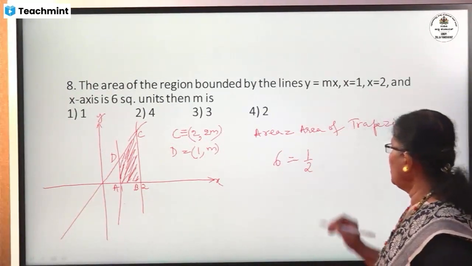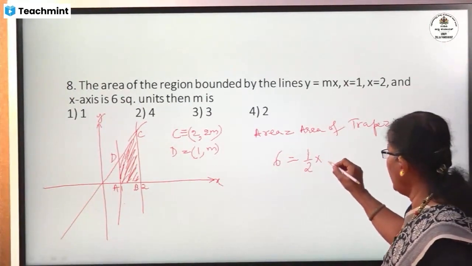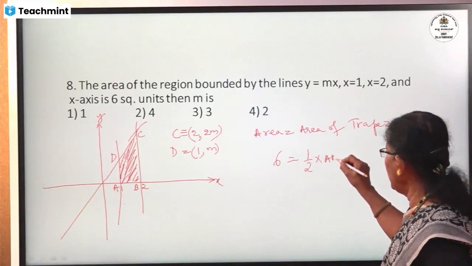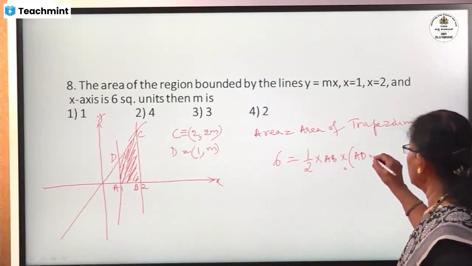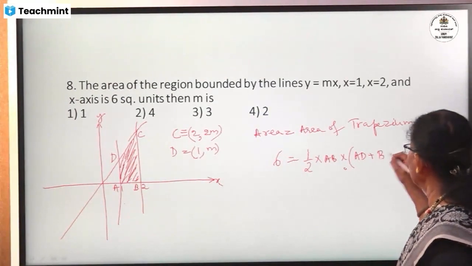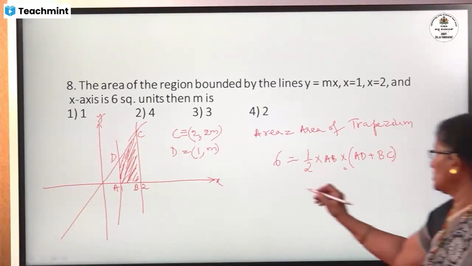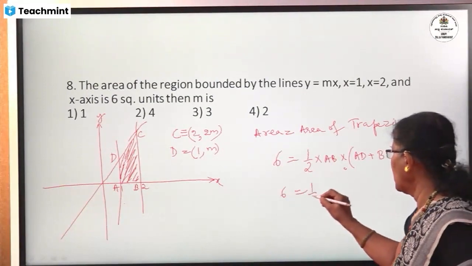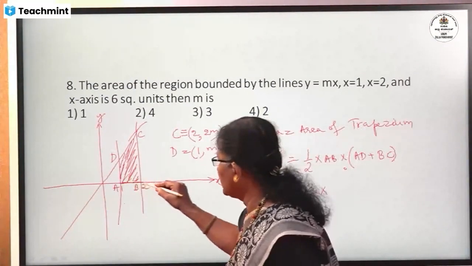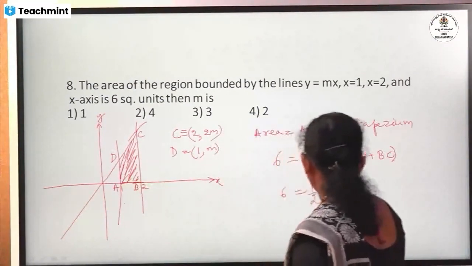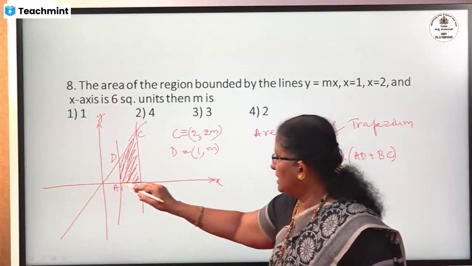And how much is the area given to be? 6. How do you find the area of a trapezium? Half into height, that is AB, into sum of parallel sides. What are the parallel sides? AD plus BC. So this is 6 is equal to half into, what is this distance? This is the height. This is 1, this is 2. Therefore, the distance is 1. Now, this length is what?